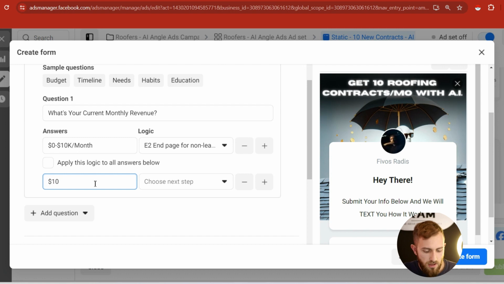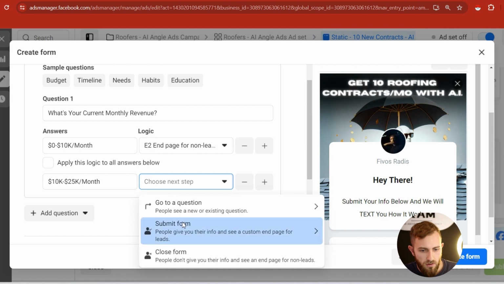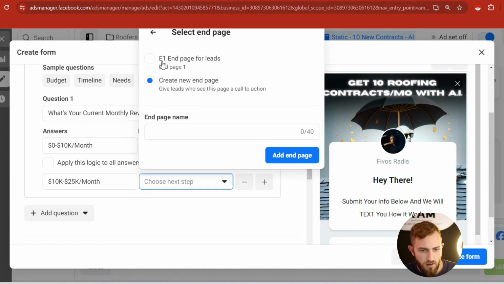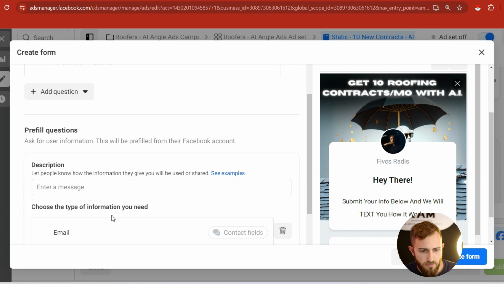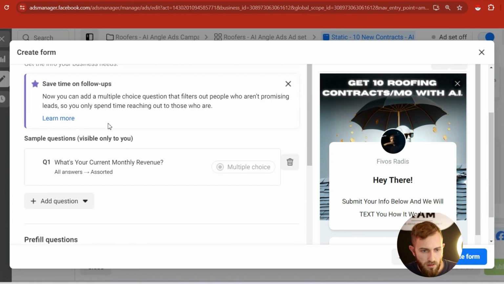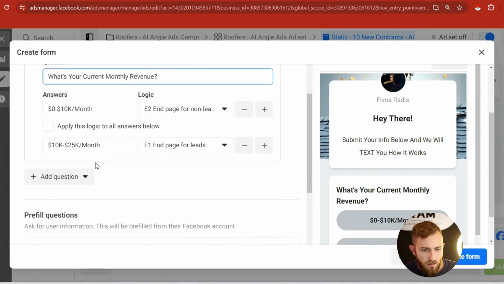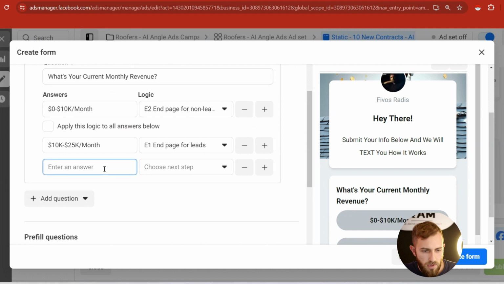Next one would be 10K to 25K. And you choose here submit form and pays for leads. And then whatever, I'm not gonna go too much into it. I can say just 25K plus a month.